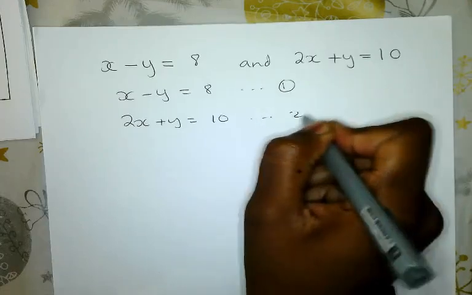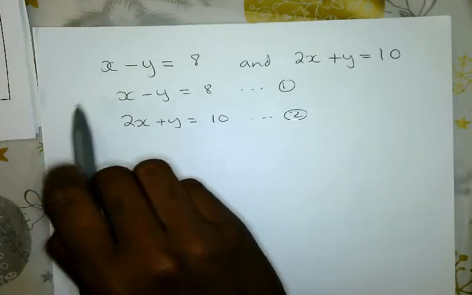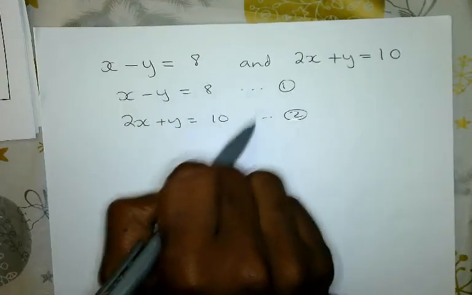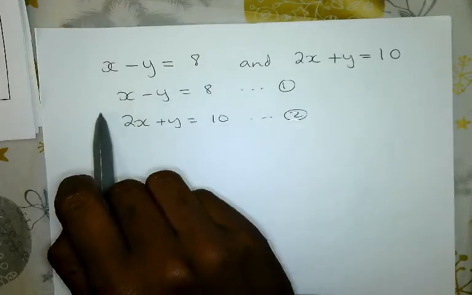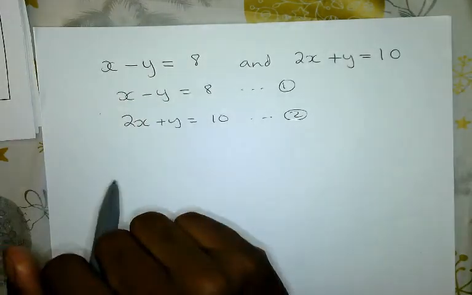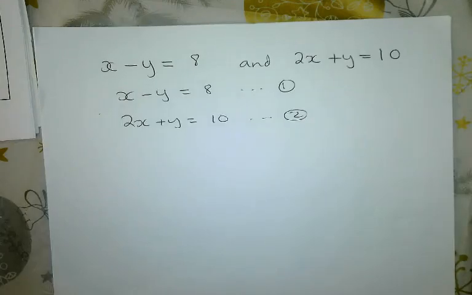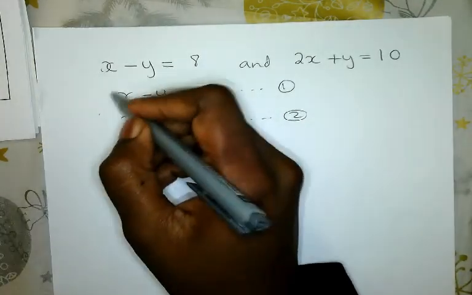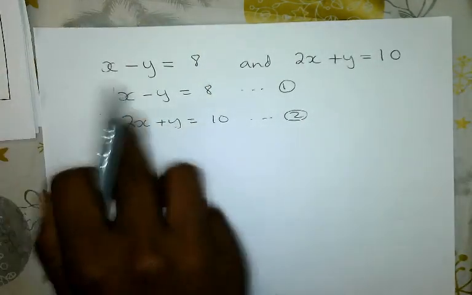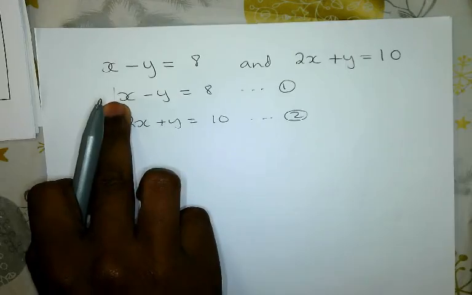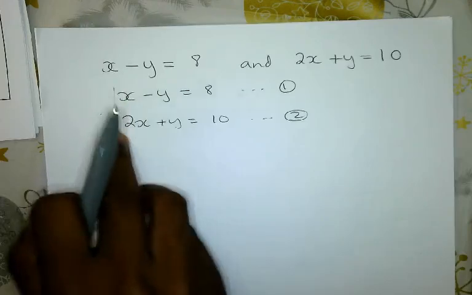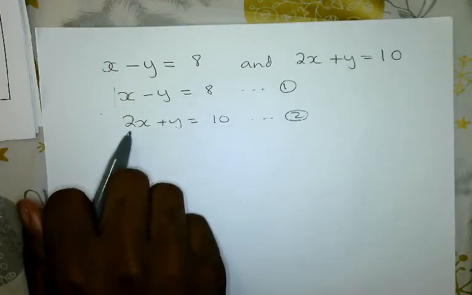Then we choose either of the two to make the subject of the formula. We always advise that you choose the one with a coefficient of 1. It becomes better, because if you choose the other one, you're going to end up with a fraction. Choose the one with a coefficient of 1 and make it the subject of the formula.